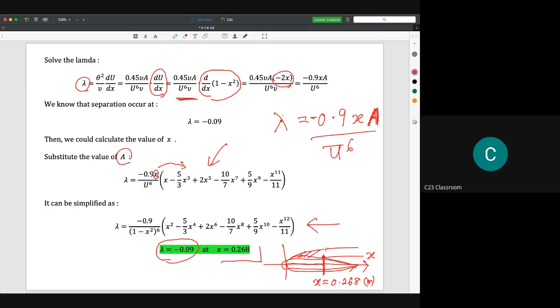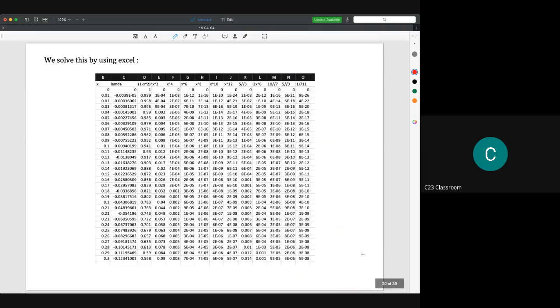This is the imagination of this answer. To do this, you need to use Excel at least, or you could solve it by using MATLAB and so on, so you are allowed to do that. I will just show you the simple one.